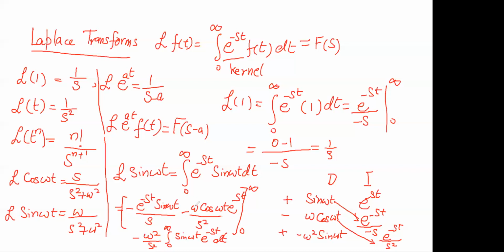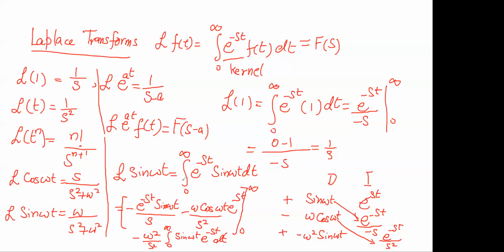So it will be plus omega over s square term. So I don't have any space over here, so maybe I need to move to the next one. Okay, in the next slide, I will write this down.